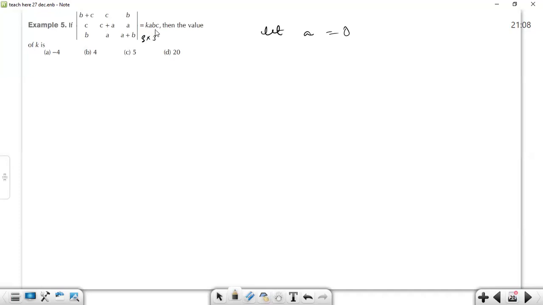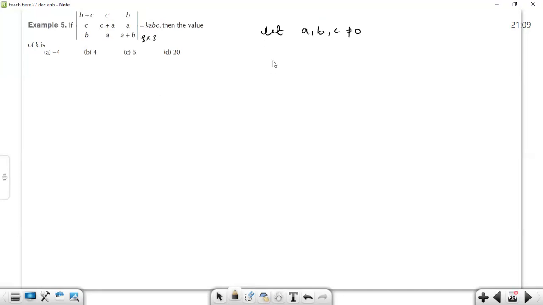But if we consider any one of A, B, C as 0, then the right hand side will become 0, and the left hand side does not have any other k variable. So we cannot let any of the variables be 0. Otherwise we will not have k in the equation, and then how will we be able to find the value of k? So it's a condition that A, B, C should not be 0. That will keep k in the game.